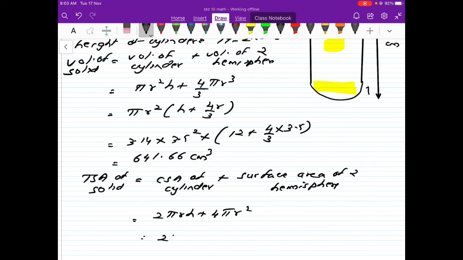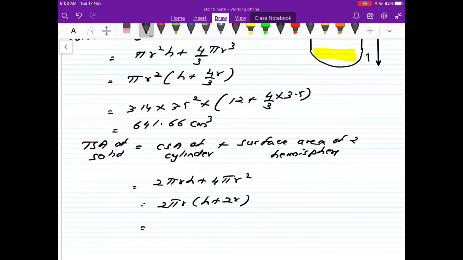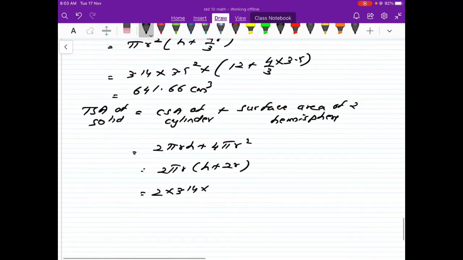So we can combine 2 pi r h plus 2r. So that will give us the value. We'll just put the values here. So it is 2 into 3.14 into the radius 3.5 and the height is 12 plus 2 into 3.5.